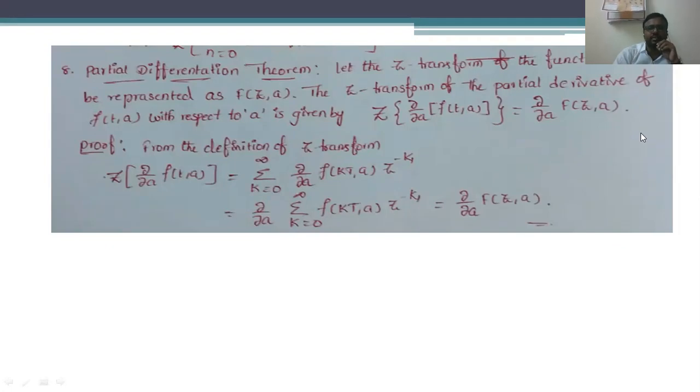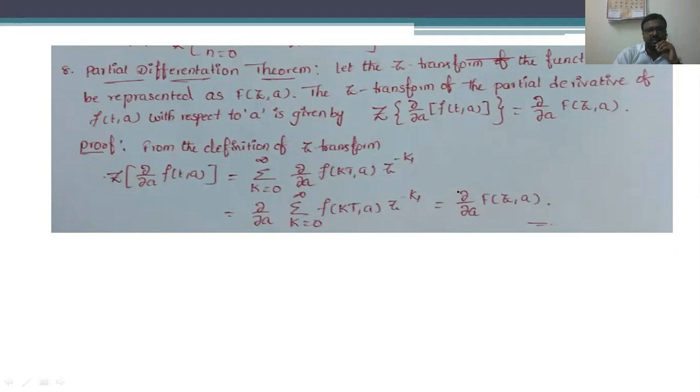Then the Z transform of the partial derivative dou by dou a of f of t comma a is equal to dou by dou a of F of z comma a.